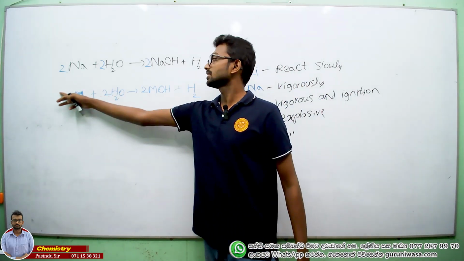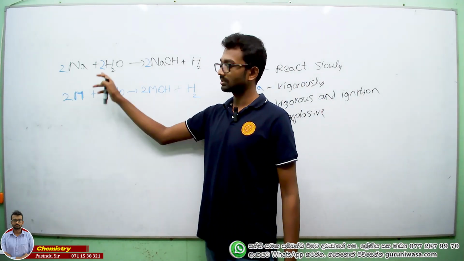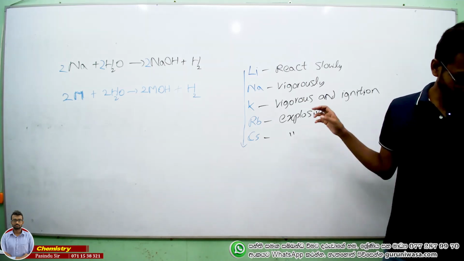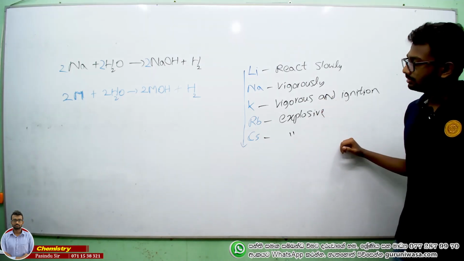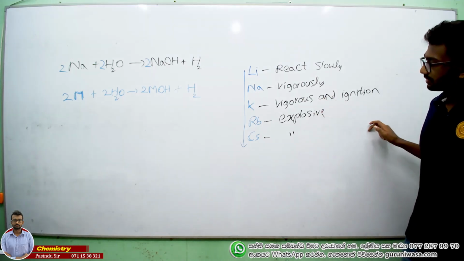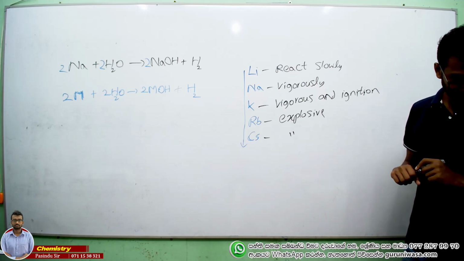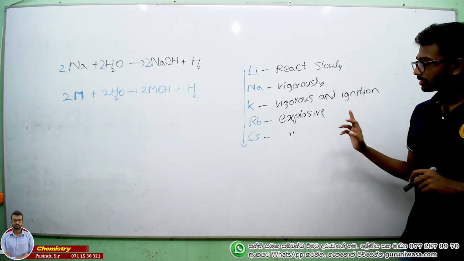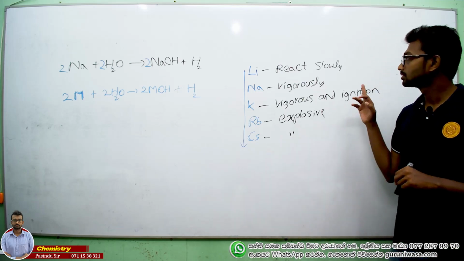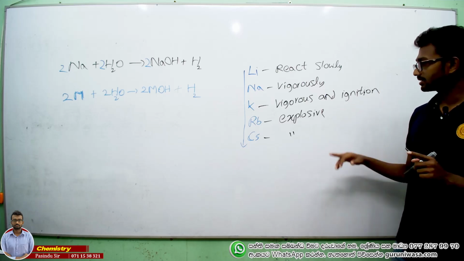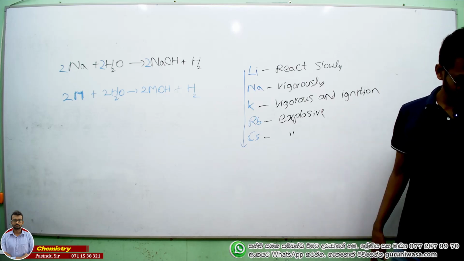Then write down this equation and this equation, both, right? Both equations, and after that this one: react slowly, vigorously, and ignition, then explosive.